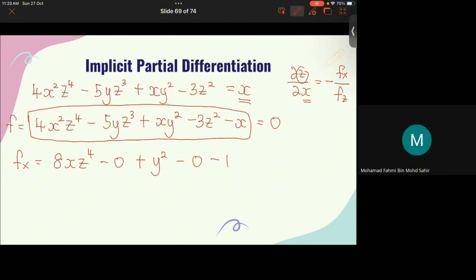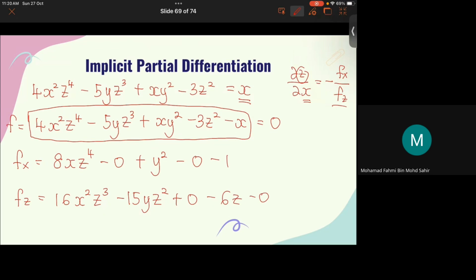So how about your fz? You can write down your fz equals, now differentiate with respect to z. So it will be 16 x squared z power 3, minus 15 y z power 2, plus 0, minus 6z, and then minus 0.